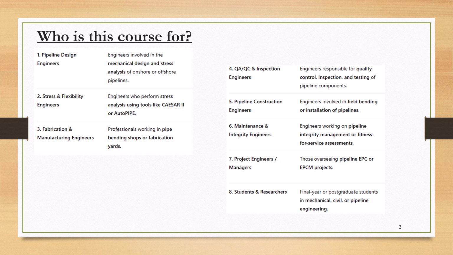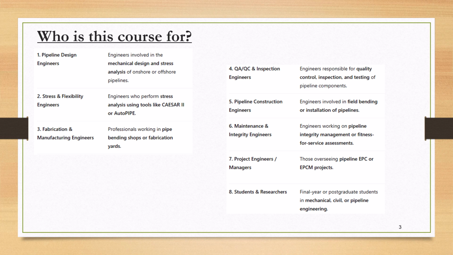Then fabrication and manufacturing engineers, professionals working in pipe bending shops or fabrication yards. Then QA/QC and inspection engineers, responsible for quality control, inspection and testing of pipeline components. Then pipeline construction engineers, involved in the field bending or installation of pipelines. Then maintenance and integrity engineers, working on pipeline integrity management or fitness for service assessments.